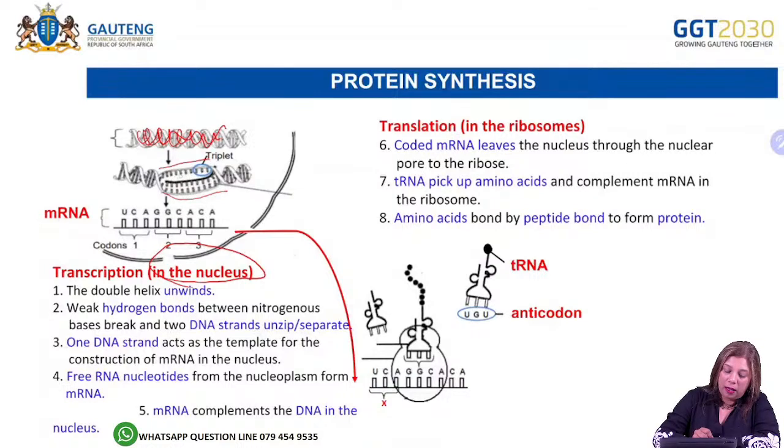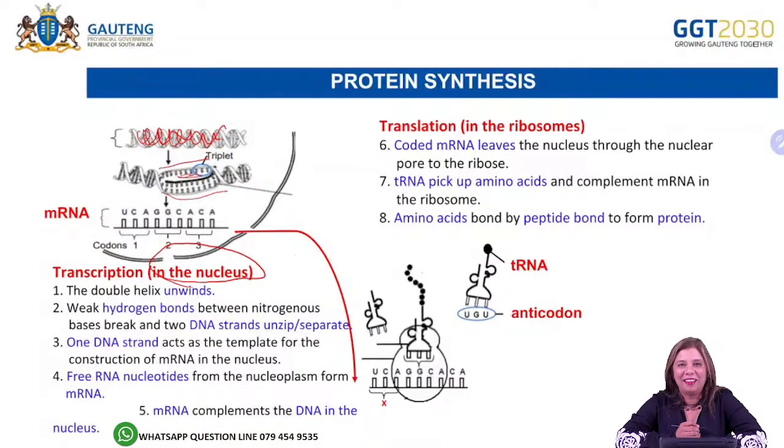There they are unzipping and separating. So it is very, very similar to DNA replication, but that's where the similarity ends. So please do not confuse DNA replication with transcription. It's two completely different processes. You will see why in a short while.